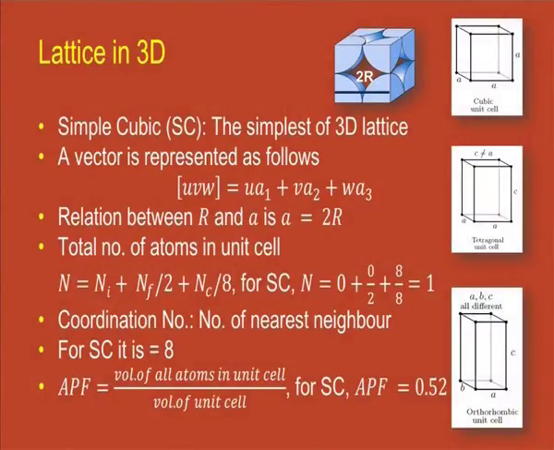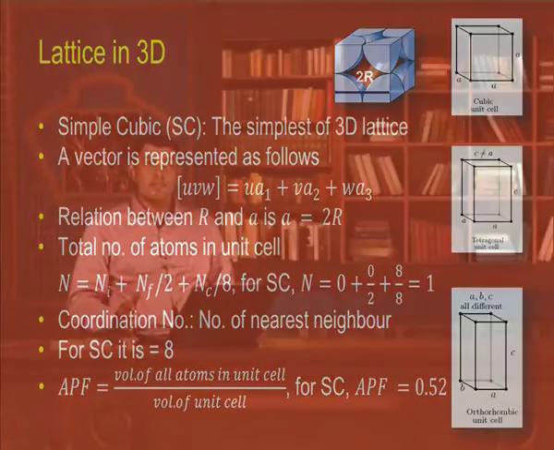And if we take a lattice of simple cubic structure, then a particular point in the lattice can be represented by u v w, which represents the coordinate of that point, and vectorially it can be represented as u a1 plus v a2 plus w a3, where a1, a2, a3 are the primitive lattice vectors in 3 coordinates.